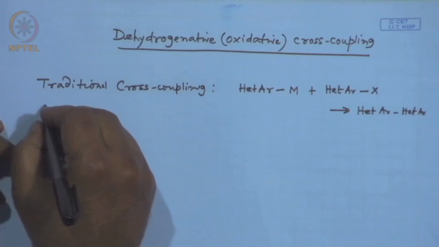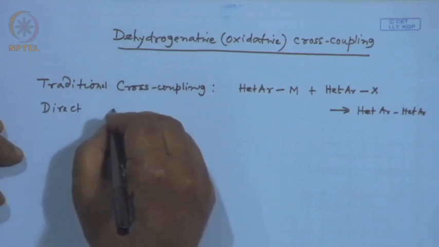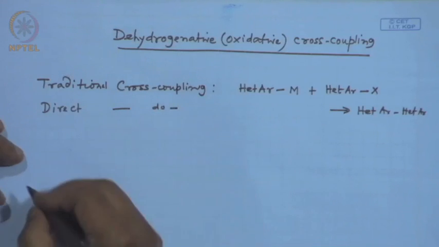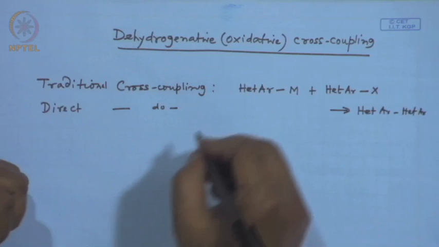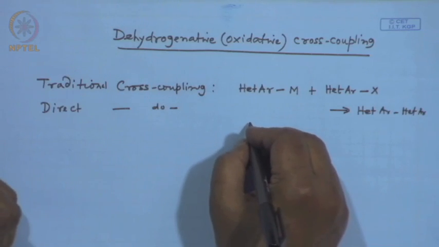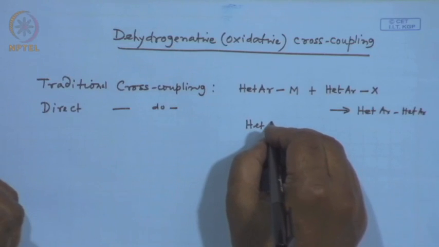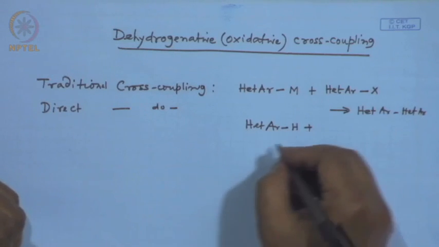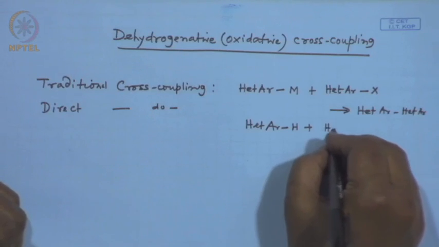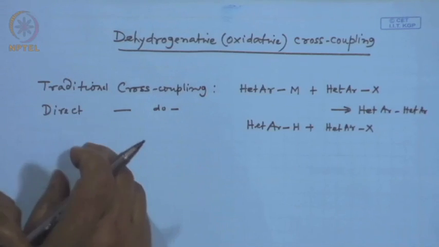Then we have also seen something called direct cross coupling. It is something like a heteroaryl group and hydrogen. We have seen only one example, heteroaryl and aryl X, in the last class.